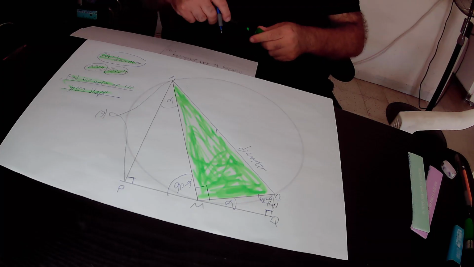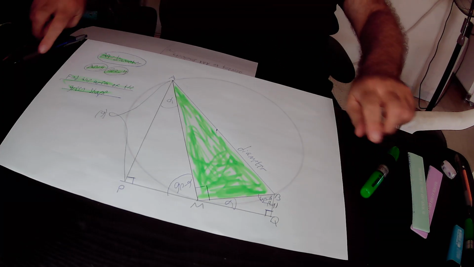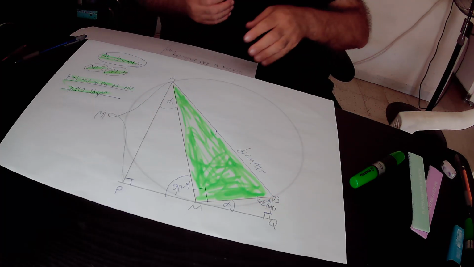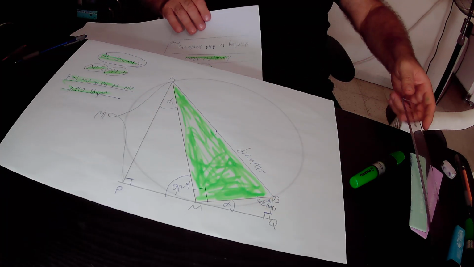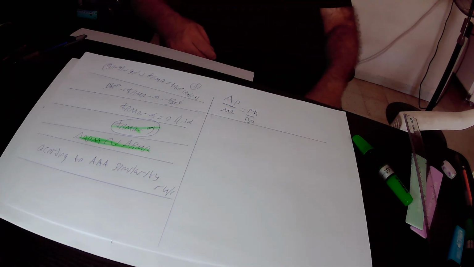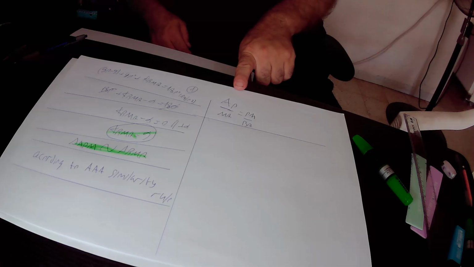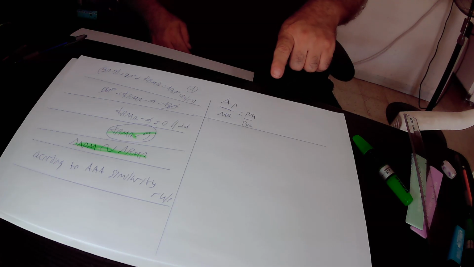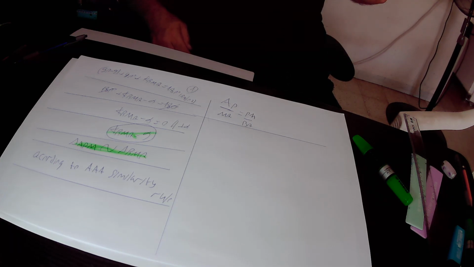And again, from the fact that those two right triangles are similar to each other, we derive that the following relationship exists between their sides. Side AP of the big right triangle APM over side MQ of the small right triangle BMQ is equal to side PM of the big right triangle APM over side BQ of the small right triangle BMQ.